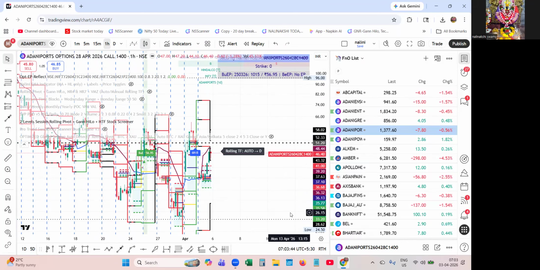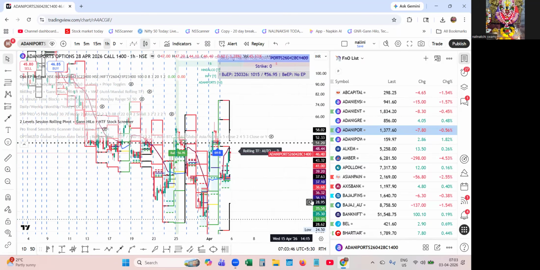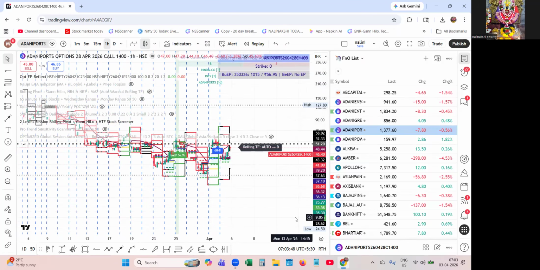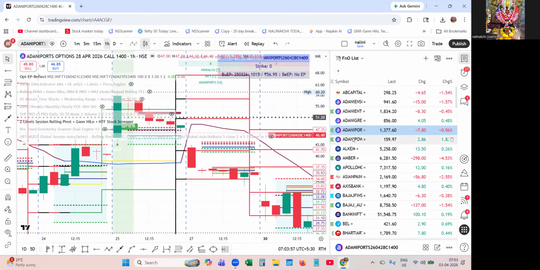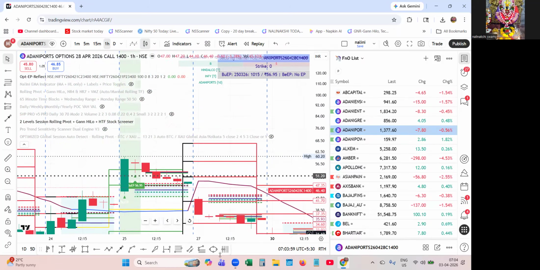The EP has been triggered on 25th, at 56 rupees 95 paise. So this is the level.